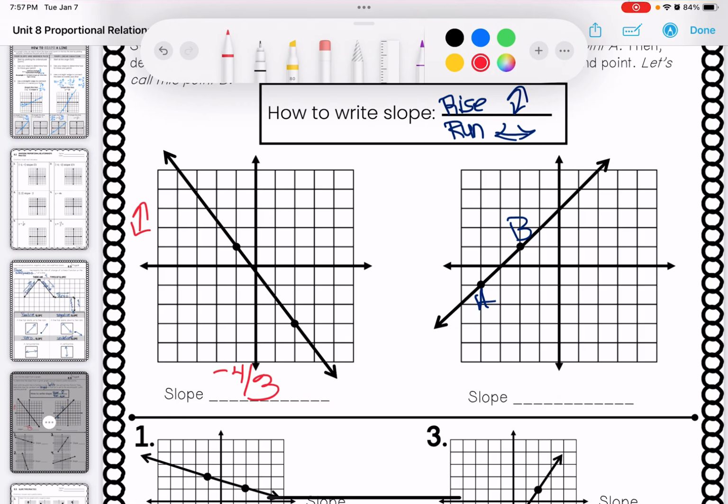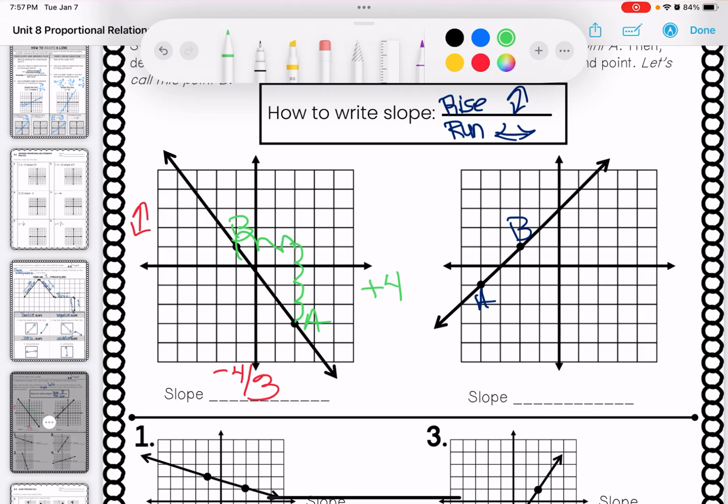So say I have this as A and this one as B. So I'm going to go up 1, 2, 3, 4. So I went up. That one is +4, but I'm going negative for X. 1, 2, 3.